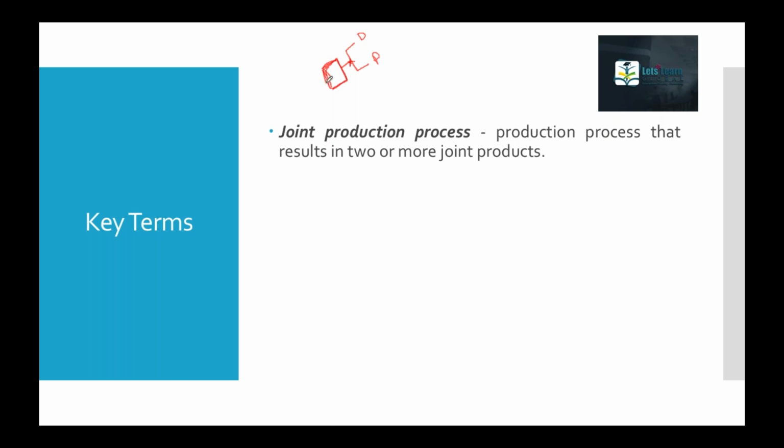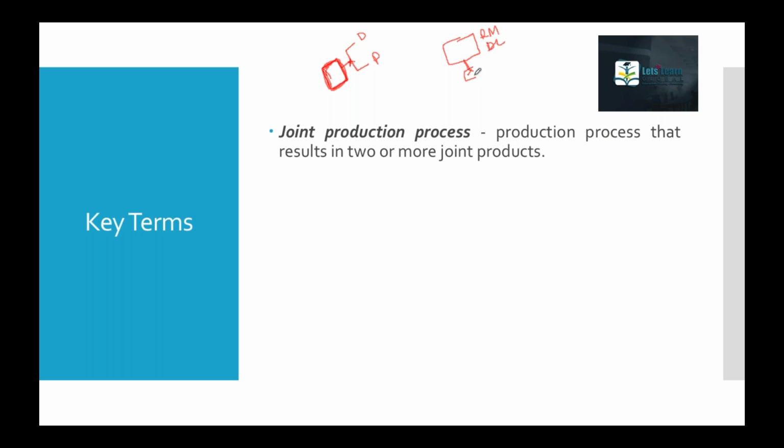So the operation we have here, like geological survey, digging, or rigging in the sea to extract the oil products, this and all is a joint production process. In some operations, what happens is we spend common raw material, common labor in the joint operation, and we identify here this point.